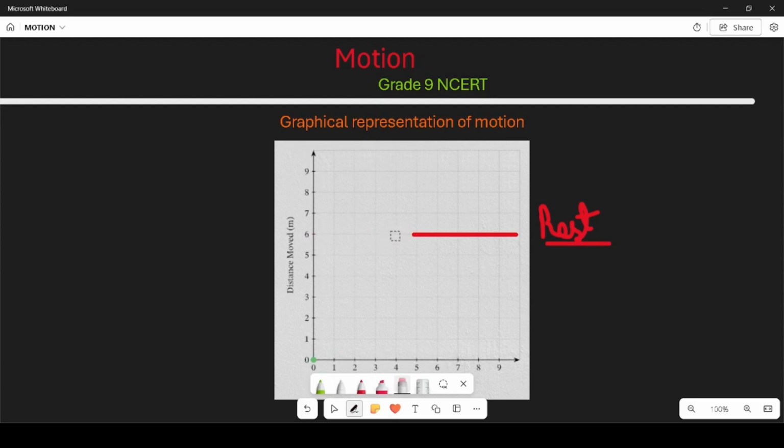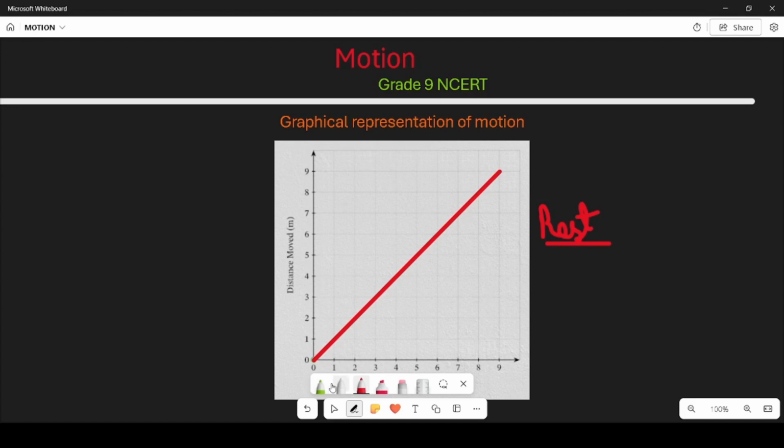Now let's see how to represent an object moving in uniform motion. So let's say the object starts at 0 and it moves diagonally straight. Now this is how you represent an object going in uniform motion.